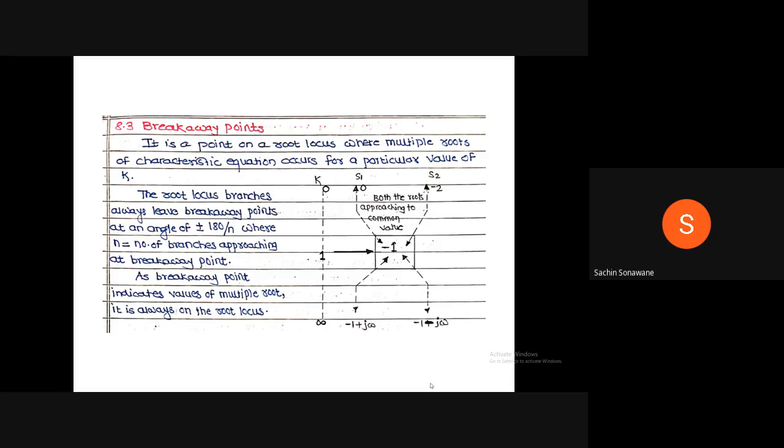The root locus branches always leave breakaway points at an angle plus minus 180 upon n, where n is equal to number of branches approaching at breakaway point. As breakaway point indicates values of multiple root, it is always on the root locus.